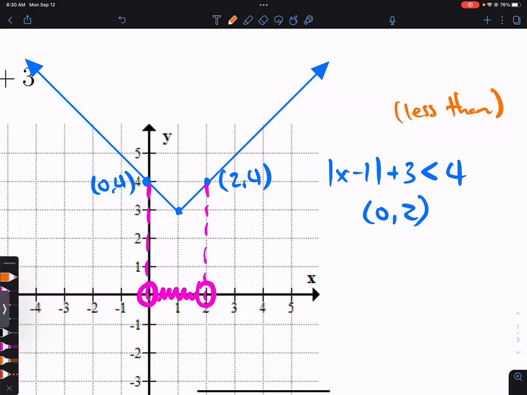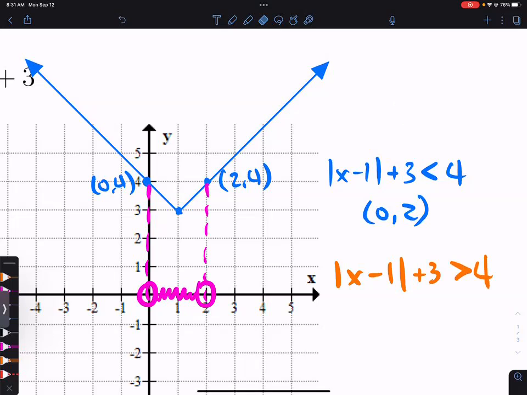All right, what about flipping that inequality around? When is that thing bigger than 4? We know where it's equal to 4. We know where it's less than 4. There's only one other possibility, right?